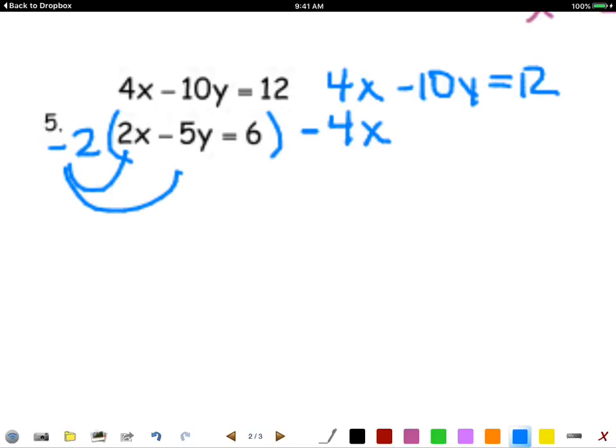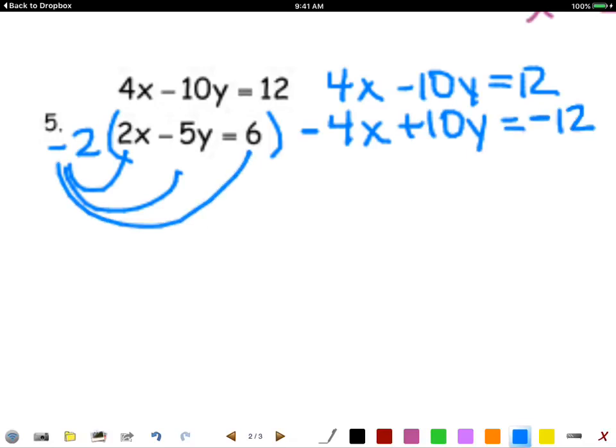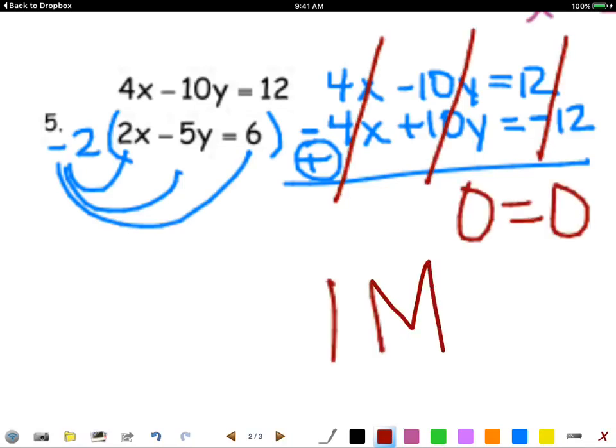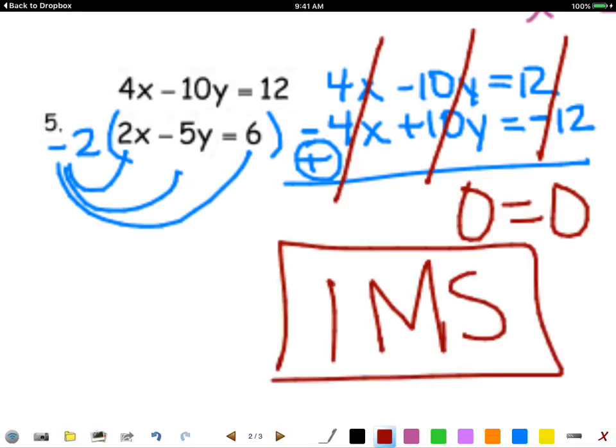Yeah, that's a negative 2 times a negative 5, which is a positive 10y. And negative 2 times 6, negative 12. What happens here? They're all opposites. So we end up with 0 equal to 0, which is? Yeah. Okay. Good job.